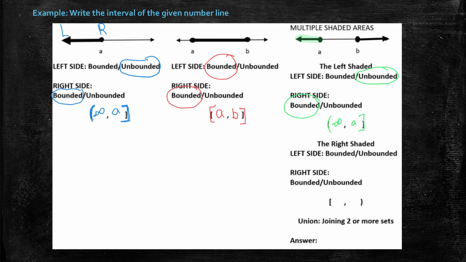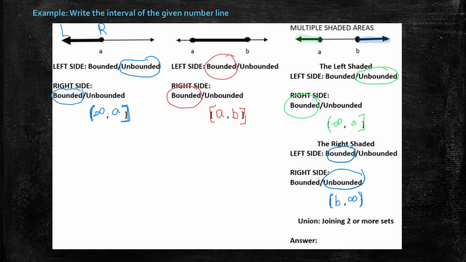The right shaded part is going to be this side here, and on the left side it's bounded and the right side is unbounded. So the left side starts at B, and that would be a bracket, and then it goes all the way to infinity, and infinity is going to be a parenthesis. If you pay attention to the bounded and unbounded, it makes it easier to write your interval.